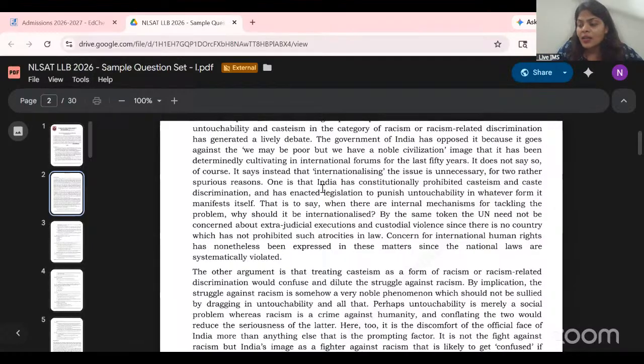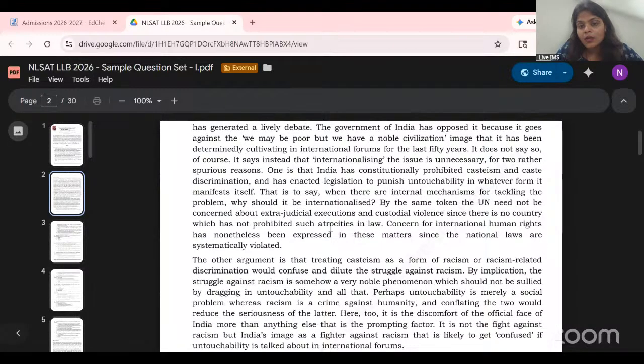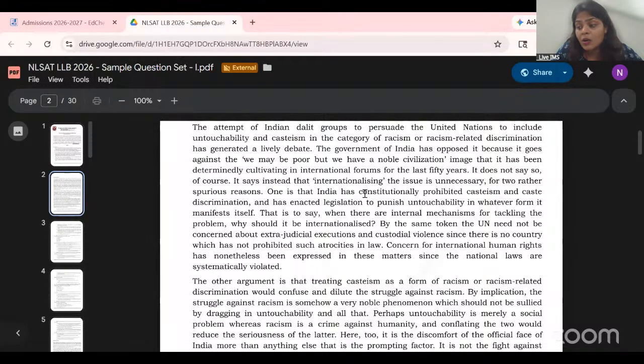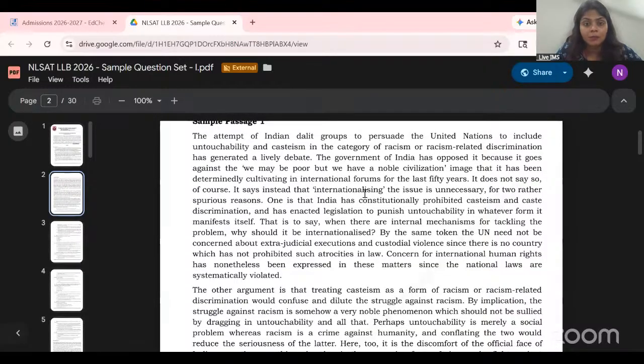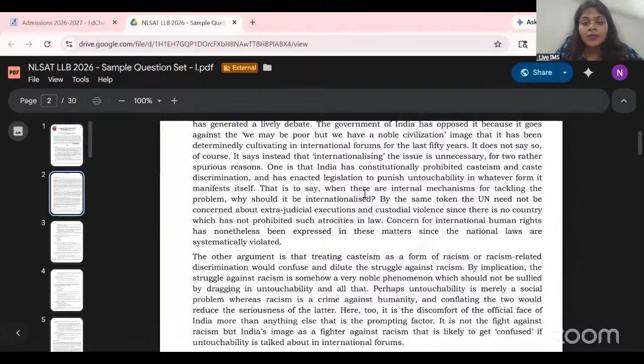When you read this passage, you will see that the author is first of all talking about why India has prohibited casteism and caste discrimination, and why the Indian government is opposed to the idea that we should raise this issue of untouchability and casteism before the UN.